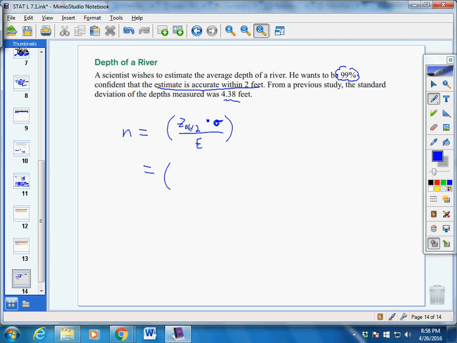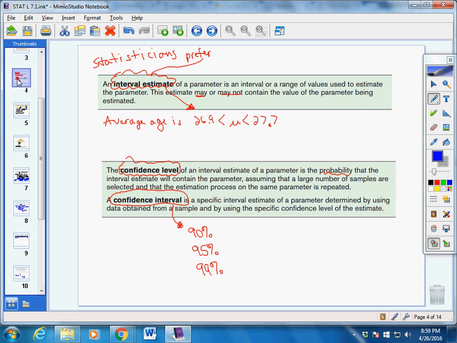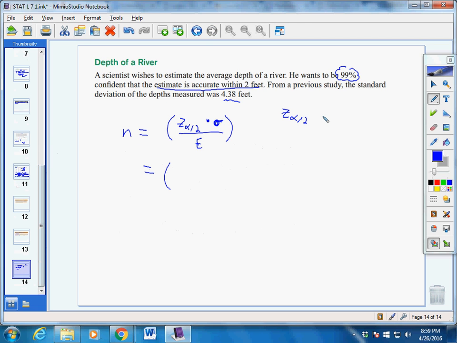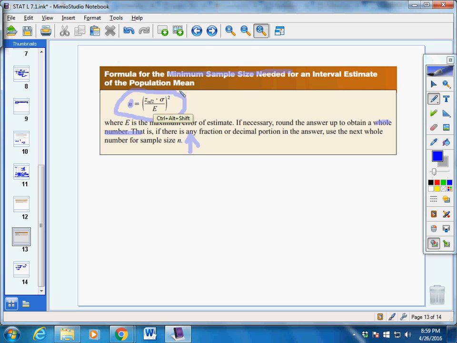For z sub alpha over 2, 99% accurate is going to be 2.58. That's what goes in for z sub alpha over 2. Oh, you know what, I forgot one thing on our formula. This is supposed to be squared, right there.